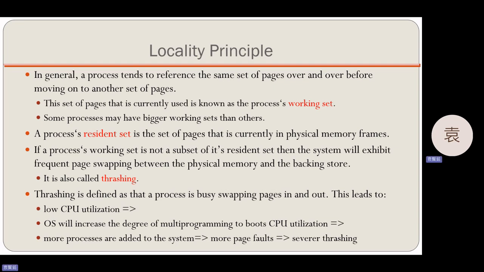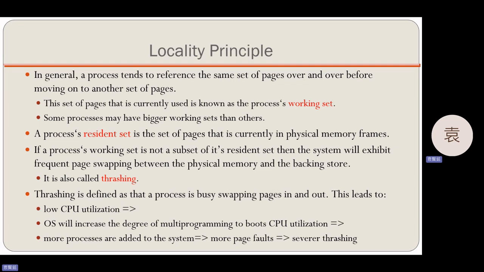On the other hand, if the working set is not a subset of its resident set, then the process will require frequent page faults. Okay, and this kind of situation in general we call thrashing. That means the process is doing a lot of page faults, moving pages in and out to continue its process.